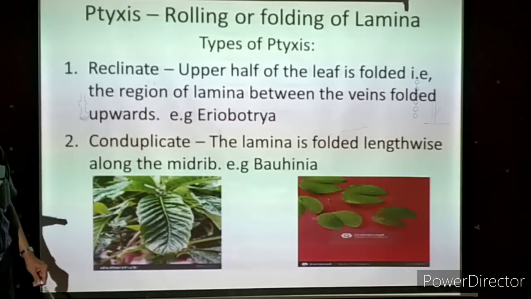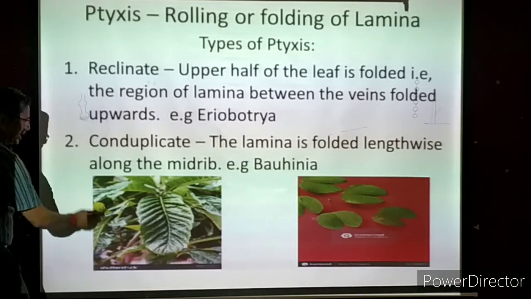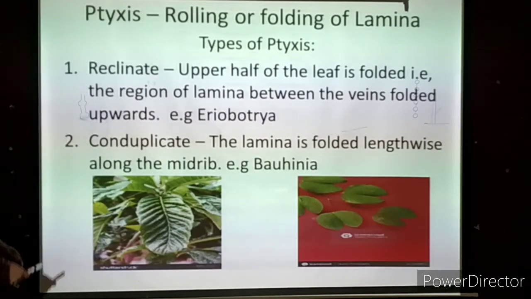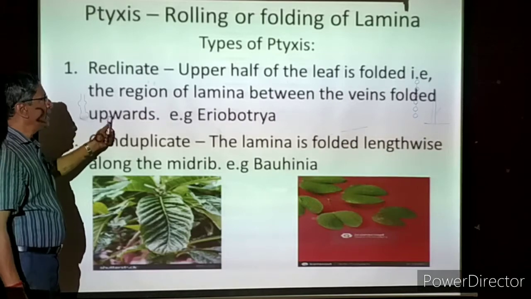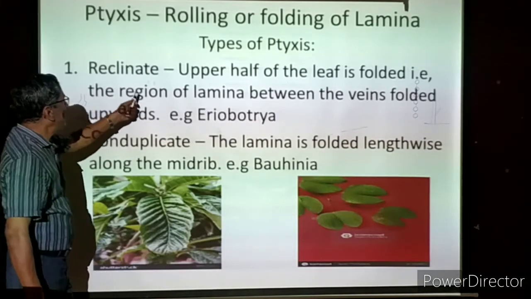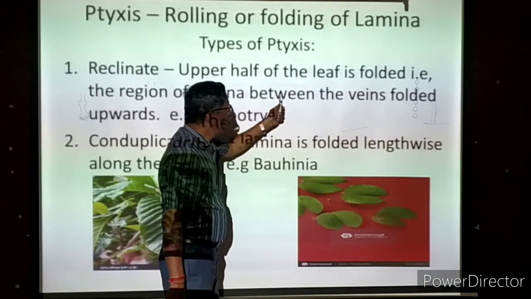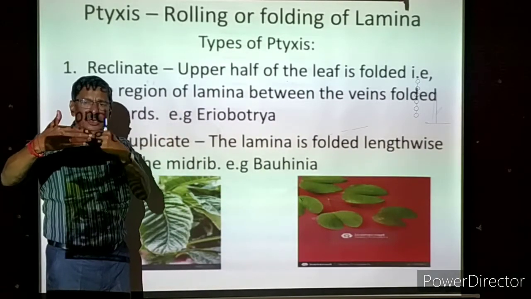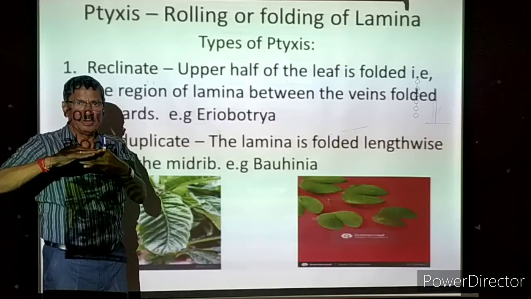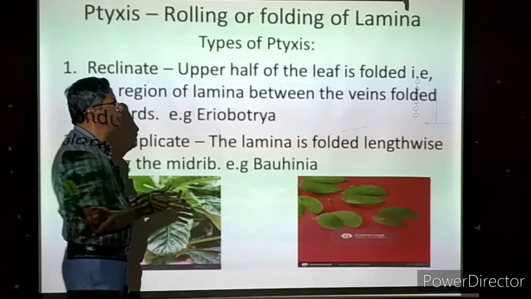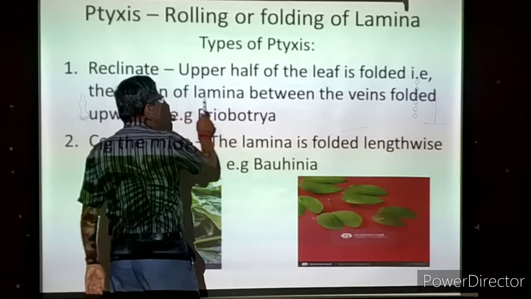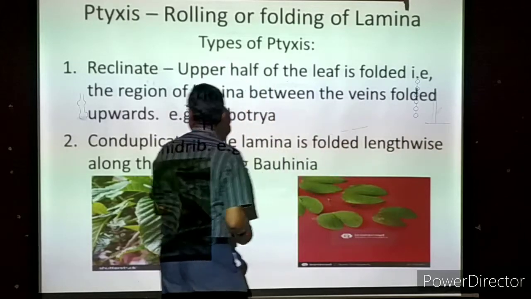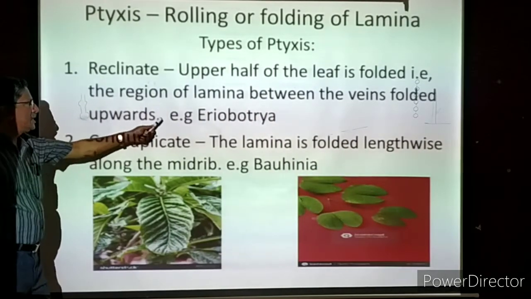That means the upper surface, half of the leaf, is folded upward. That is the region of the lamina between the veins. Already we have studied, veins are running at the side. So between one vein and a second vein, the lamina is folding upward.